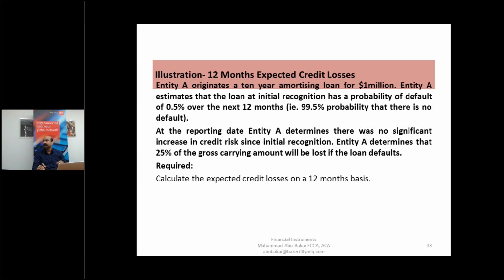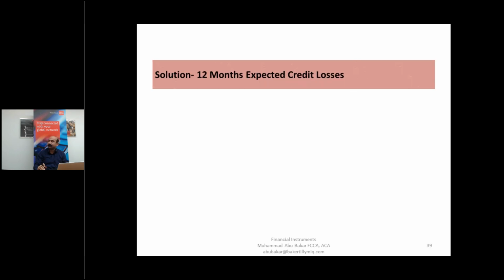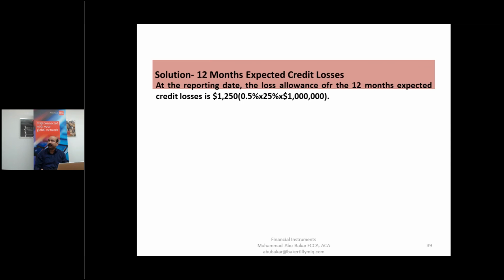So I have included the answer in these slides. So this way you can calculate at the reporting date the loss allowance for the 12 months expected credit losses: 1,250. And this is calculated by multiplying 0.5% into 25% into 1 million.